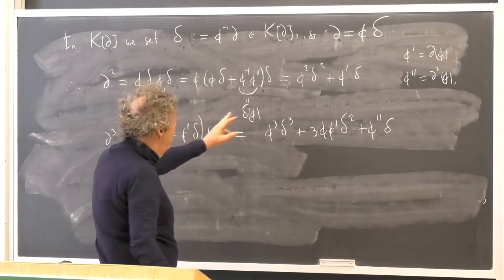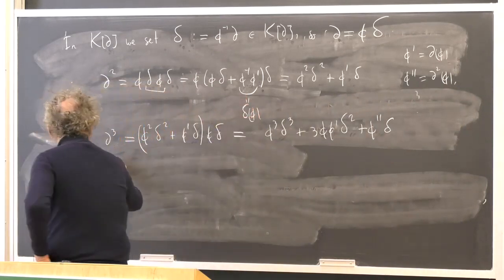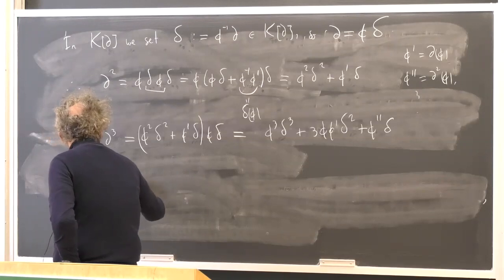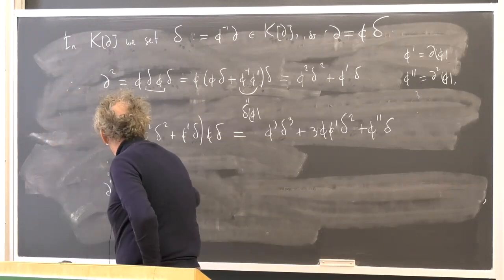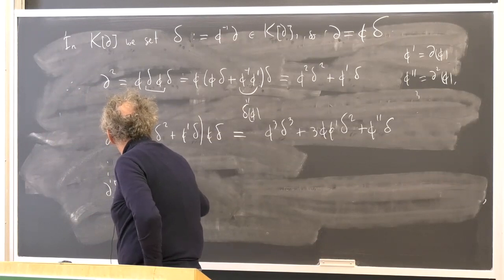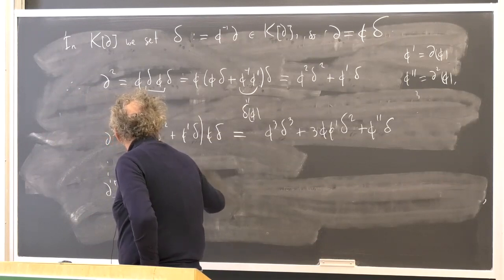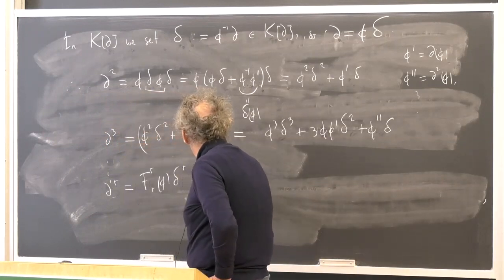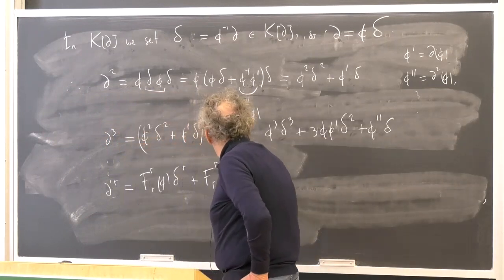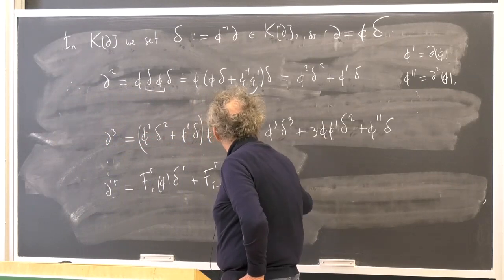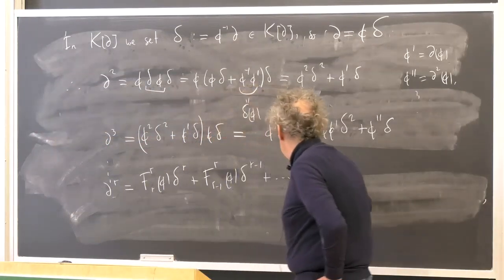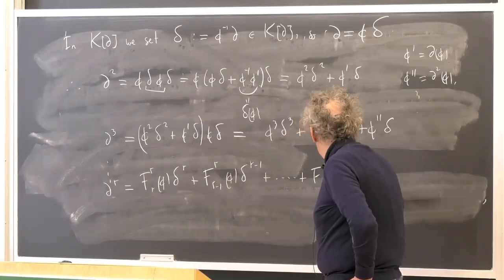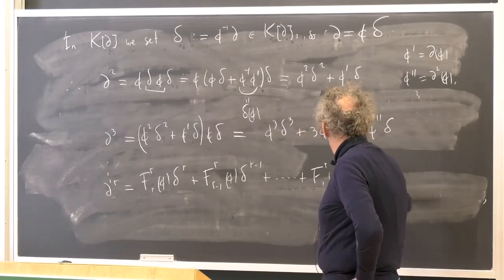So in general, it looks like that. You can easily come up with the right recursion formulas. Delta to the power r is of the form f_rr(phi) funny delta to the power r plus f_r,r-1(phi) funny delta to the power r minus 1 plus and so on, down to f_r1(phi) funny delta.